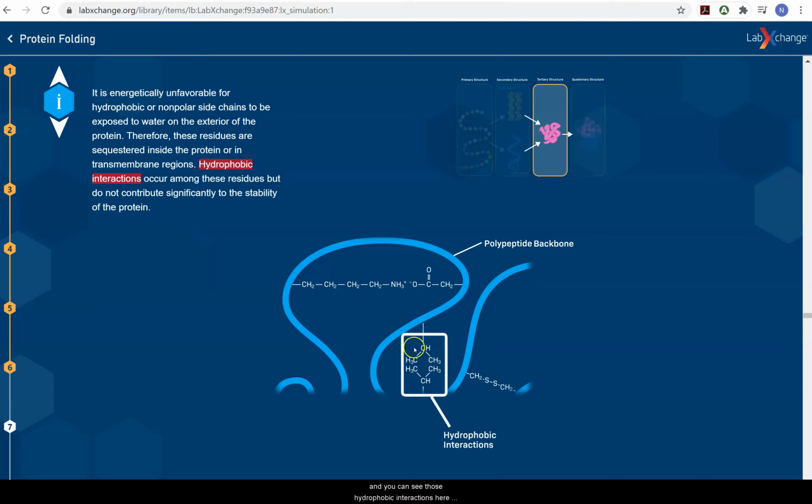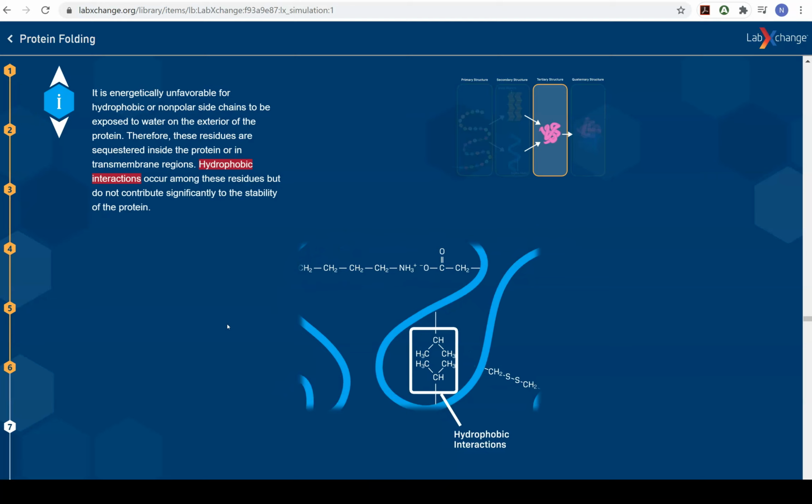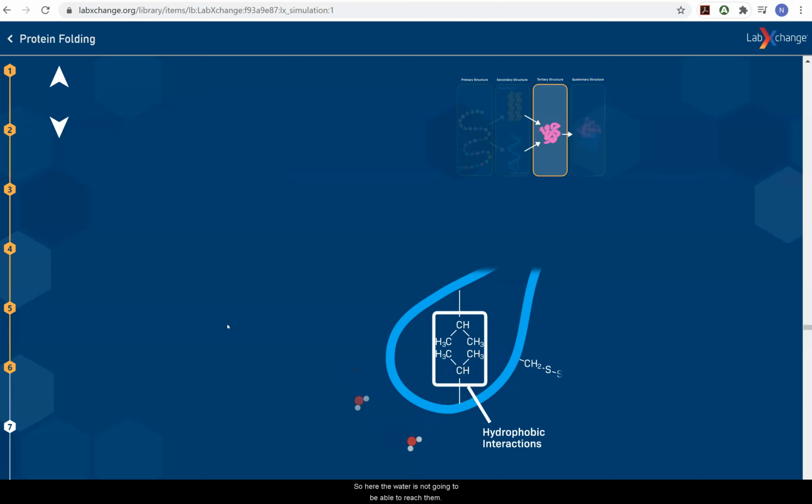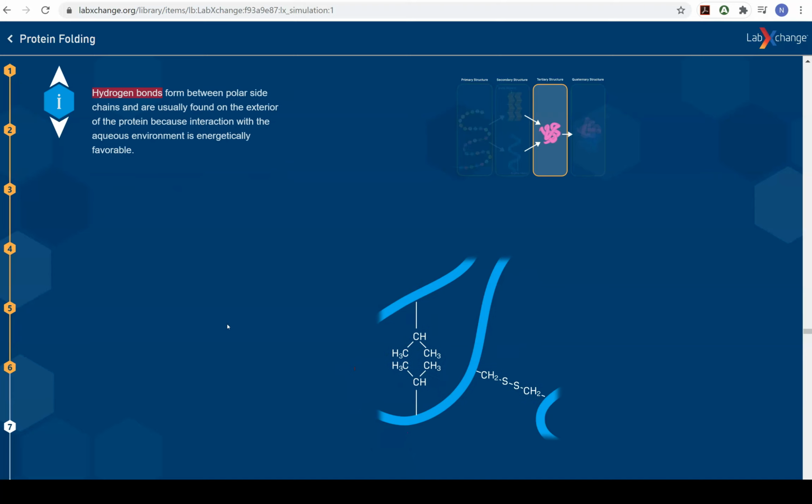And you can see those hydrophobic interactions here in the box where you have nonpolar amino acids interacting with each other. These nonpolar amino acids want to hide from the water, so they're going to fold generally to the inside of the polypeptide. So here the water is not going to be able to reach them.